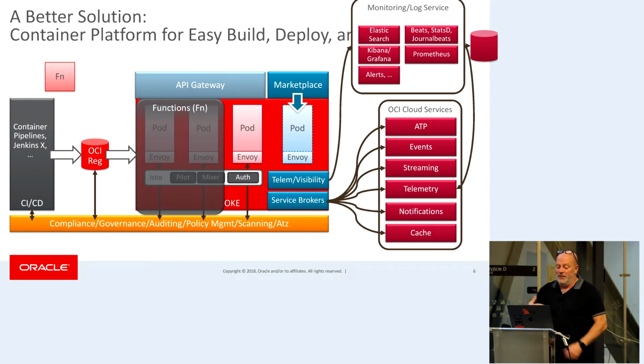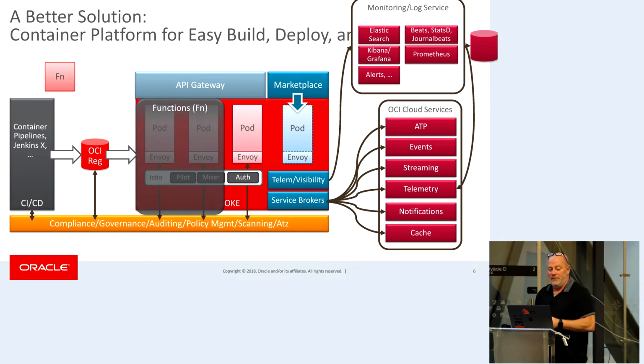There's a whole bunch of cloud native services that we're about to release. That open service broker will just be able to plug in through the API and give secure managed access to other services.